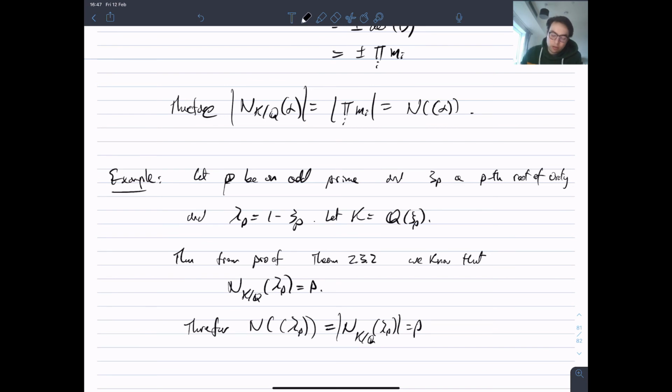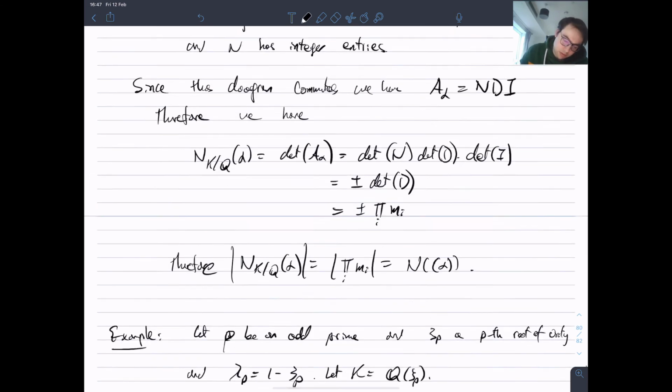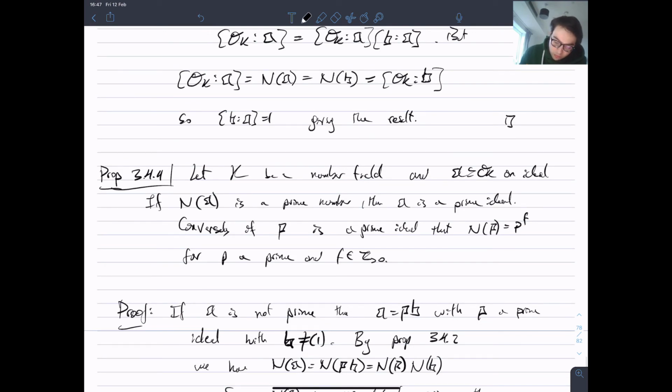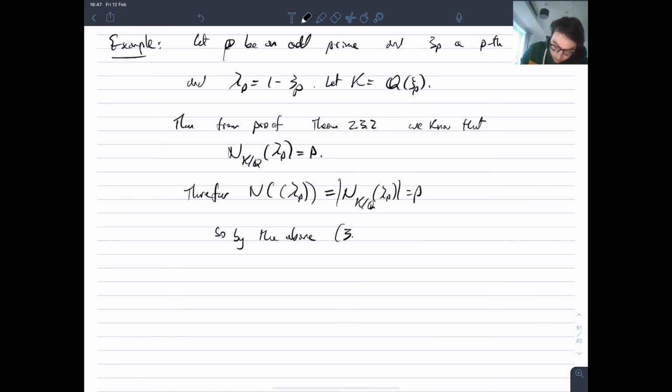And then by the result that we saw above, if the norm of your ideal was prime, then your ideal will have to be a prime ideal. So by the above, 3.4.4, we have that this ideal is prime. Great, so now it tells us it was prime.